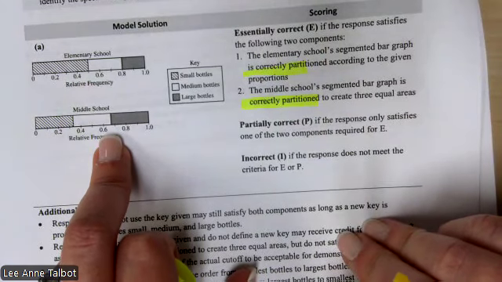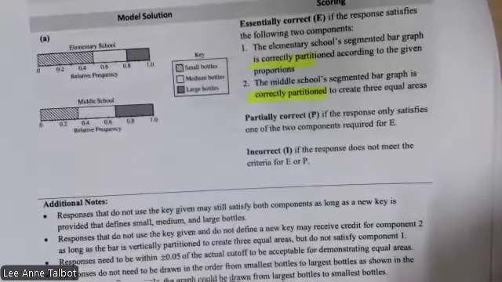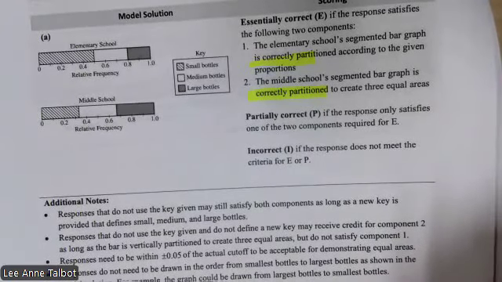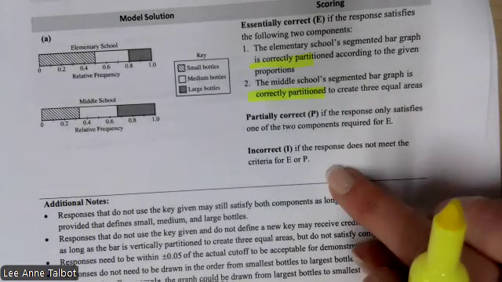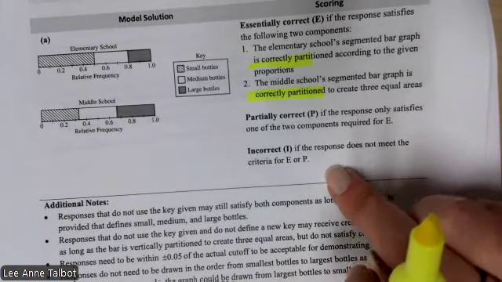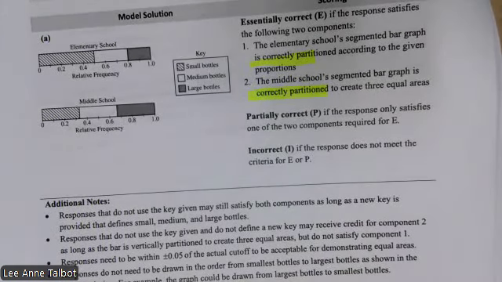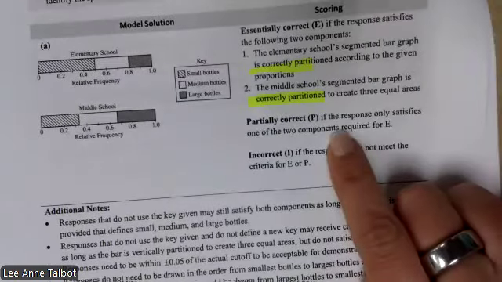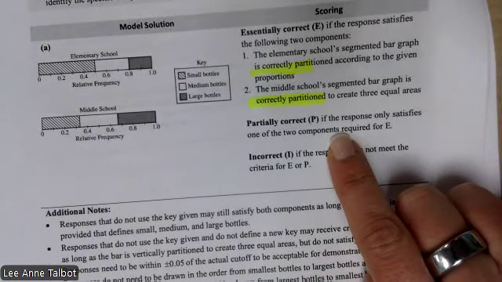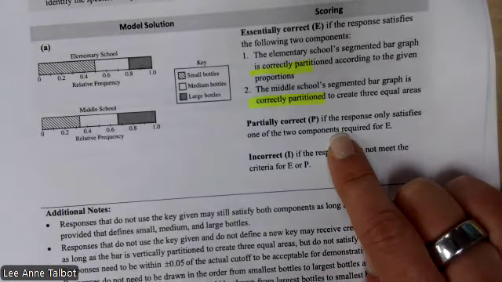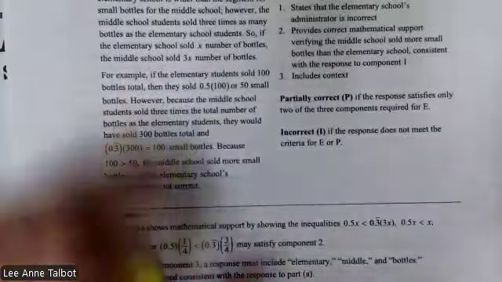They don't have to be perfect. If you only have one of the two, it's a P, and neither of the two is an I. Any questions about that? Are you keeping track and putting the E's, P's, and I's on? Okay, just checking. Okay, next part.